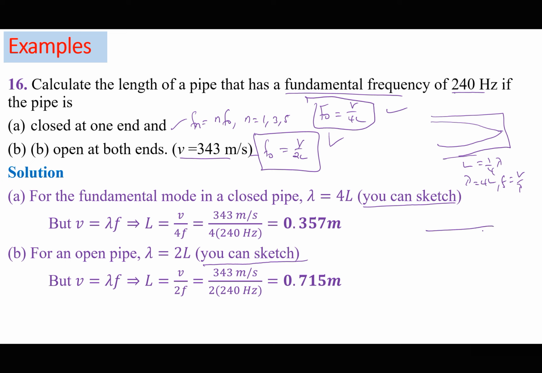For an open pipe, both sides are open, so we have an antinode here and an antinode on the other side. This is a quarter plus a quarter, so the length represents half of a cycle, which means lambda is equal to twice L. Then F equals V over lambda, where lambda is 2L. That's how we come up with these answers.